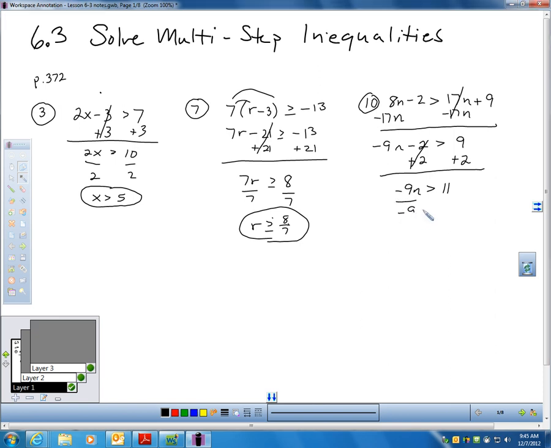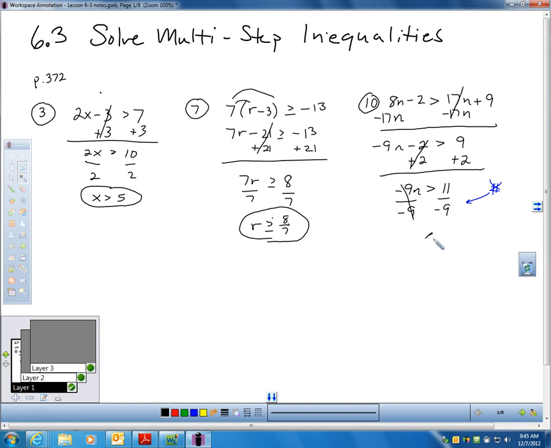Now when I do that, I'm going to put a little star next to this, and very important, remember, in our previous video, this was a super important step right here. When you divide or multiply each side of an inequality by a negative amount, you must reverse the inequality.